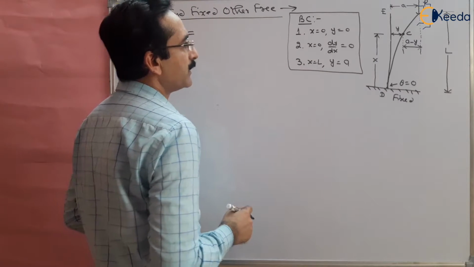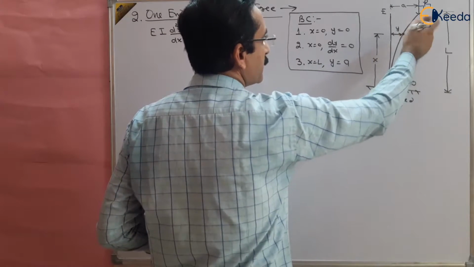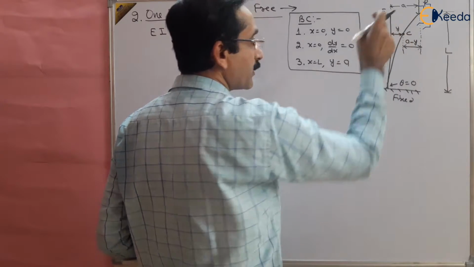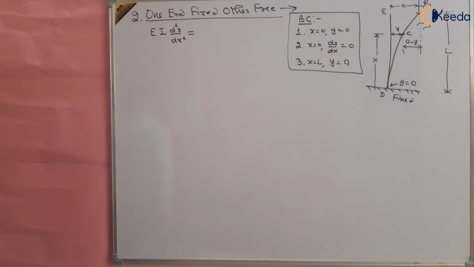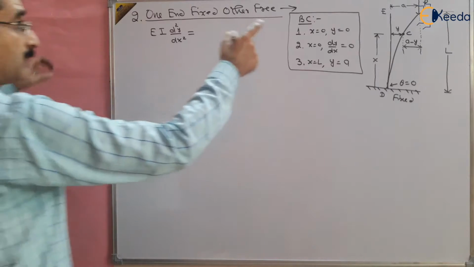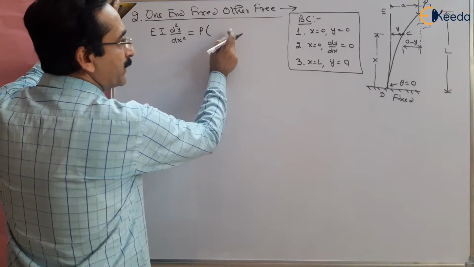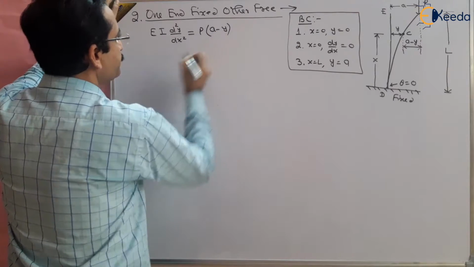Is it okay? This is positive, because for the convex case we take the positive according to our sign convention. So it was our sign convention that for convex shape we take the positive bending moment, right? So this will be equal to P times, positive, multiplied by the distance A minus y.